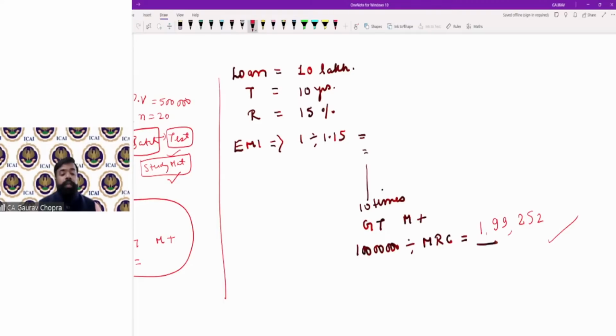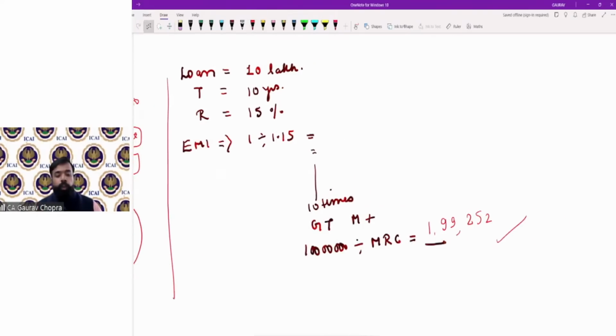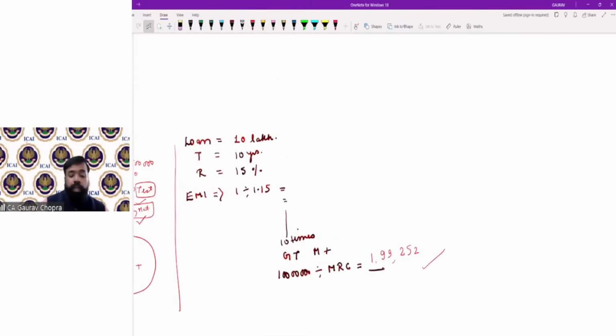So it is always better to use this method in case of EMI. Whenever you have to calculate EMI, you can apply this method. Now, in this question, if let's say EMI is given to you, if installment is given, that is 1,99,252, and time is given 10 years, rate is given 15%, and you have to calculate the loan amount.